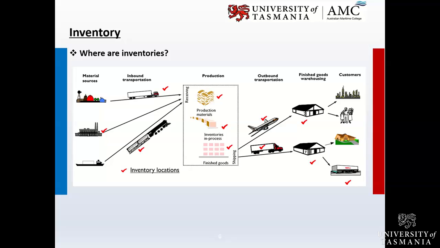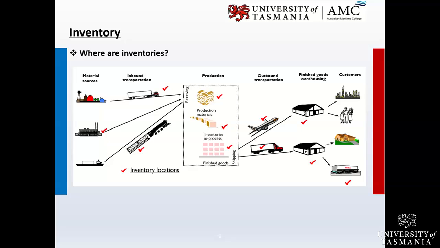So there are different types of inventories, including production materials, in process, and finished goods. So all these will be kept at the factory or at the manufacturer. Next step, outbound transportation. So inventories take the form of finished goods.